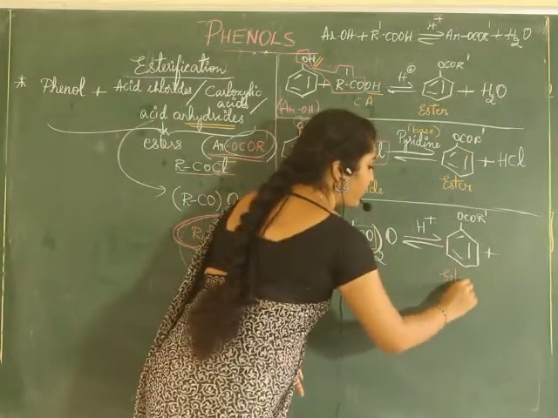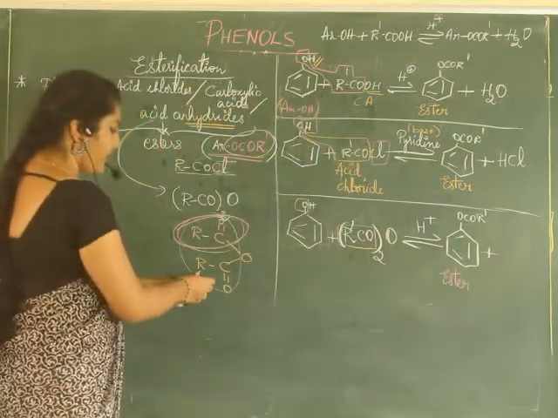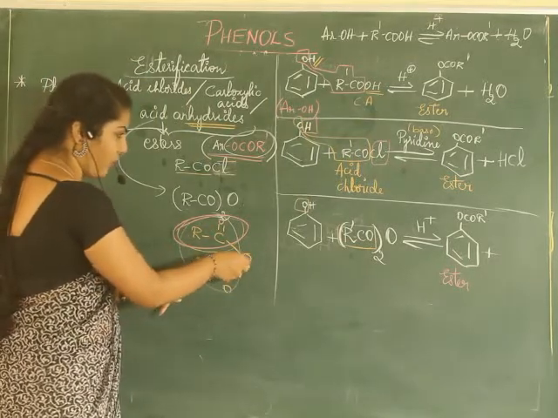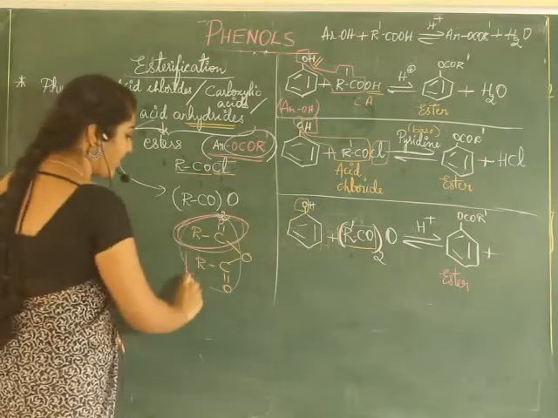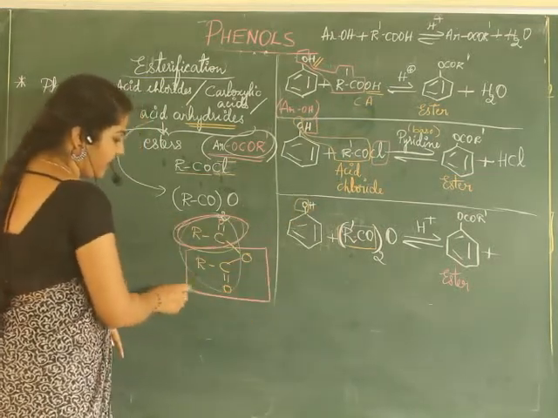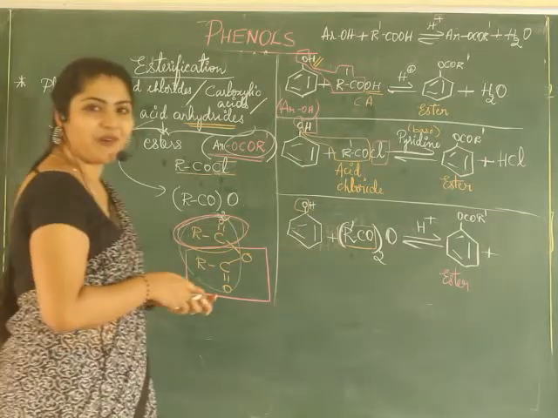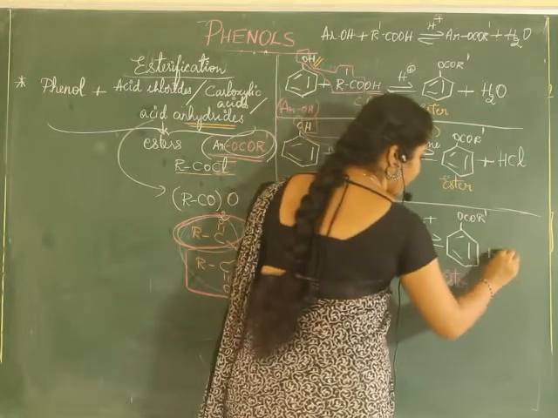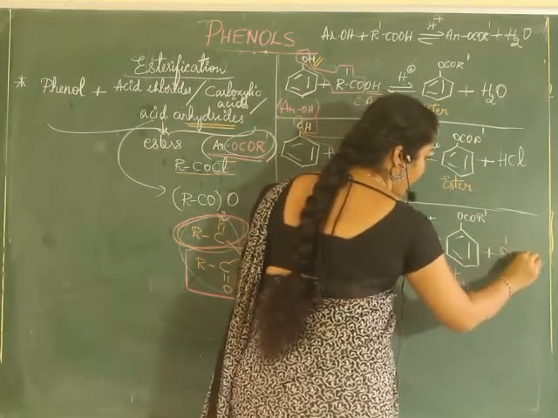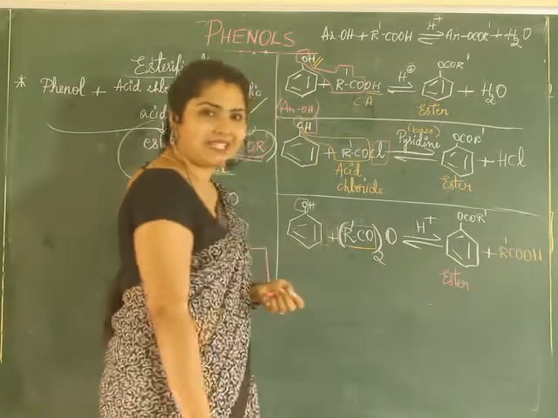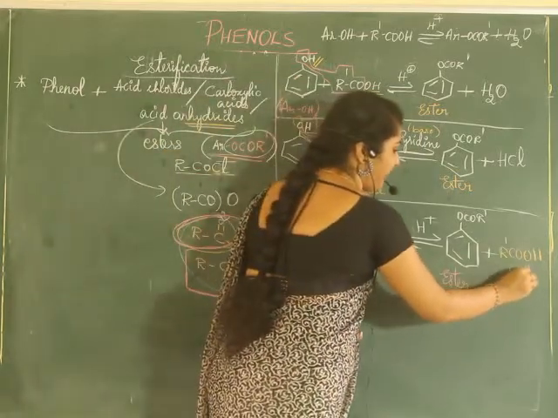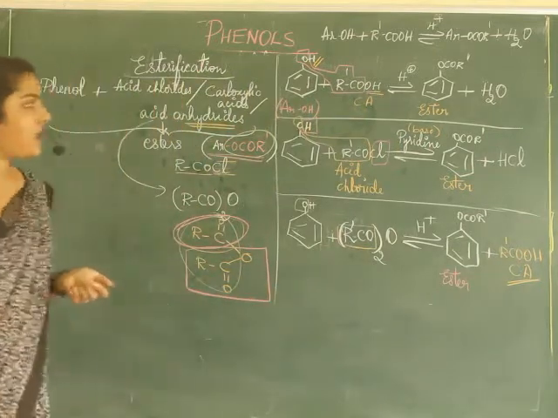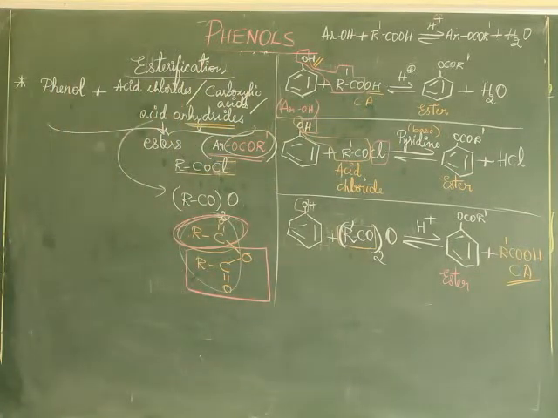Now what is remaining? You have RCOOH. What is RCOOH? Since we have taken it as R dash, R dash COOH. What is it? It's carboxylic acid. Is it clear now of what is formed?